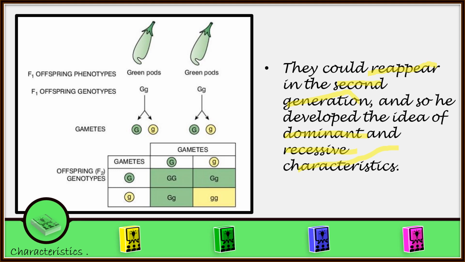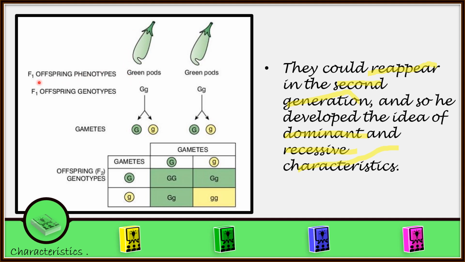So when Mendel continued to cross, he found out that when he crossed the first filial generation, the characteristics that disappeared in the first generation reappeared in the second generation. How did he do it?